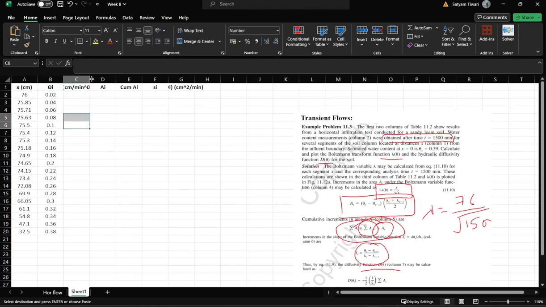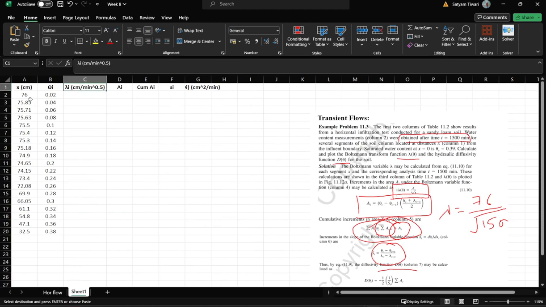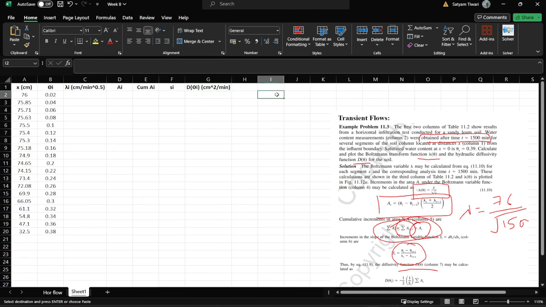We need to calculate first the lambda I for each iteration, then the A I, then the cumulative A I, then the S I, which is actually the inverse of the slope, and then the diffusivity. The time given for the calculation is 1500 minutes, so we'll do all the calculations in centimeters and minutes.